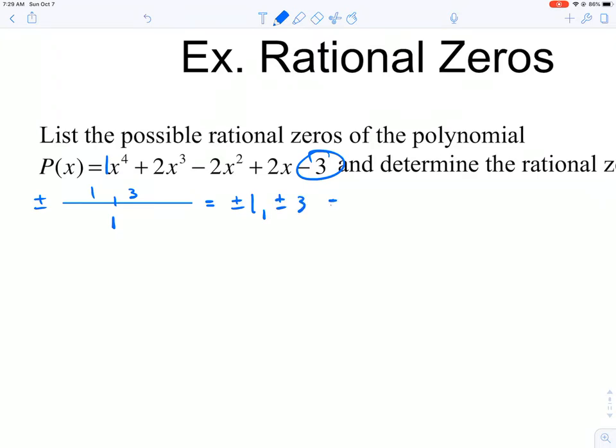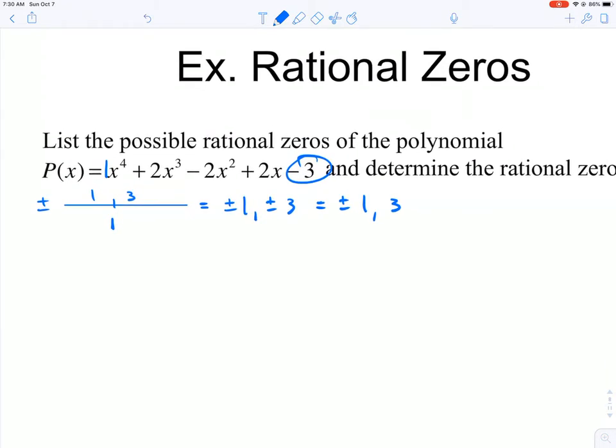I'm okay with you guys just putting the plus or minus in front and then listing the positive version of the possible rational zeros, just so you don't have to write plus or minus over and over again, because sometimes there's a lot. But it should be understood that your possible rational zeros are +1, -1, +3, -3.